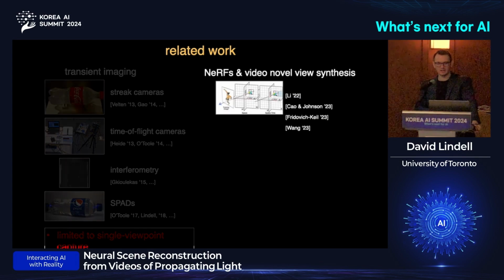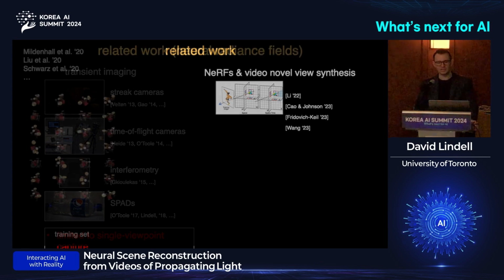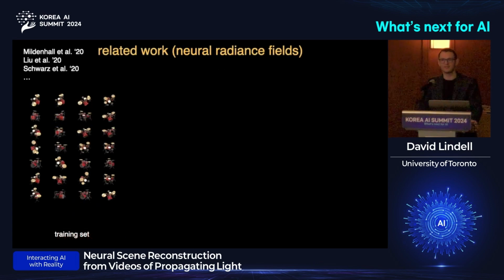We also build on a class of techniques based on neural radiance fields, or NeRFs, and techniques that synthesize videos from novel, uncaptured viewpoints. And just to recap, maybe we're all familiar with this, but just in case, what is a neural radiance field?